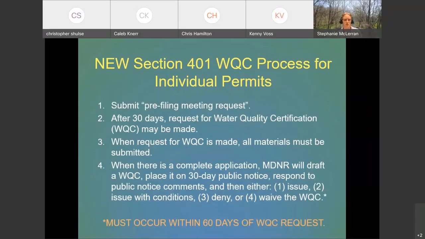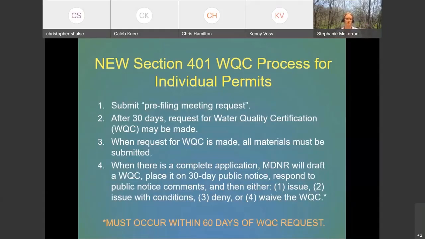To begin, we have to submit a pre-filing meeting request, just saying that we want to request a 401. Then we'll have a meeting if one's needed, or if they have enough information up front it may not be needed, but we have to submit this request. Then only after 30 days has passed can we request the actual certification.